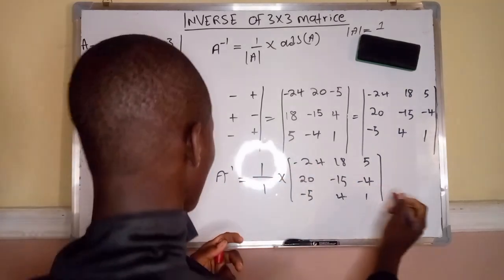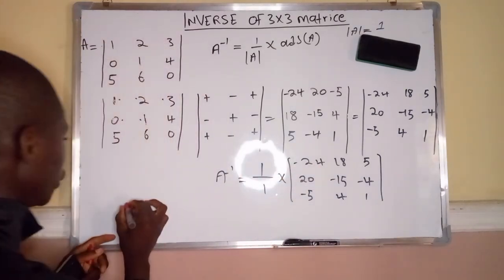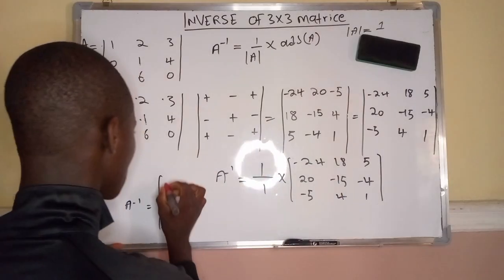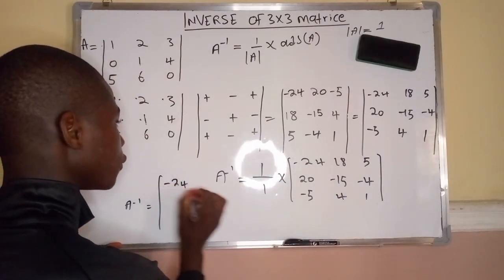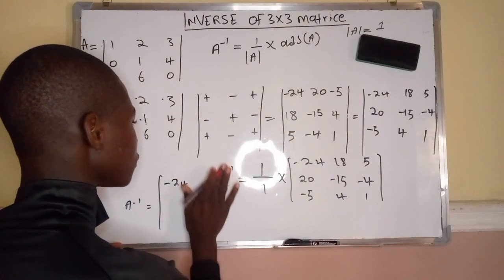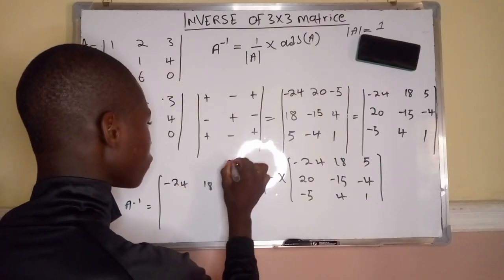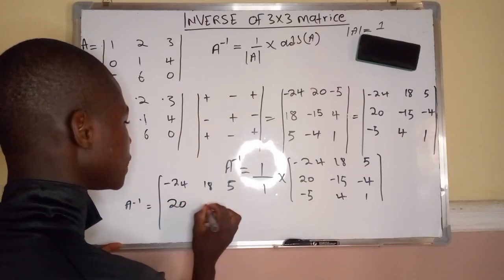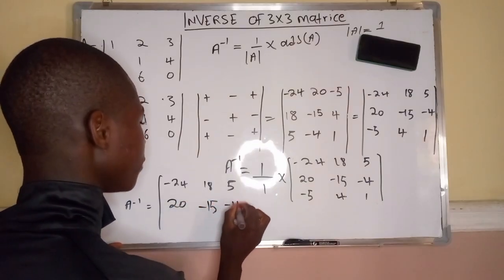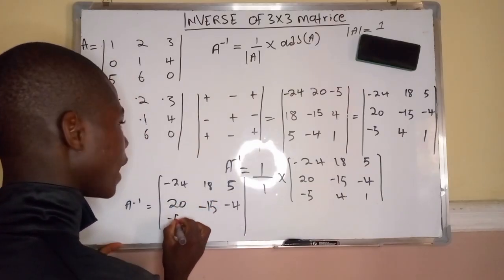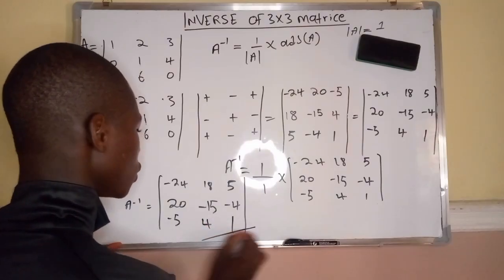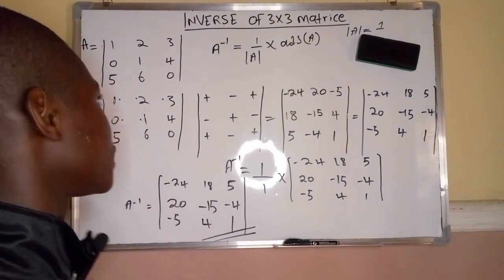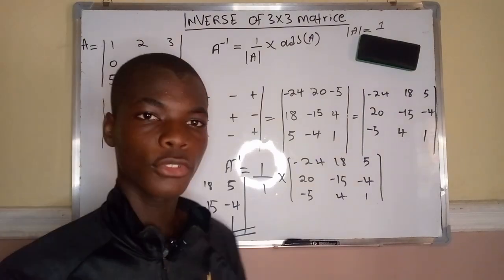So at the end, we are having the new A inverse of this matrix, the final answer, which is minus 24, 18, 5, 20, minus 15, minus 4, minus 5, 4, and 1. So this is the inverse of this matrix A.